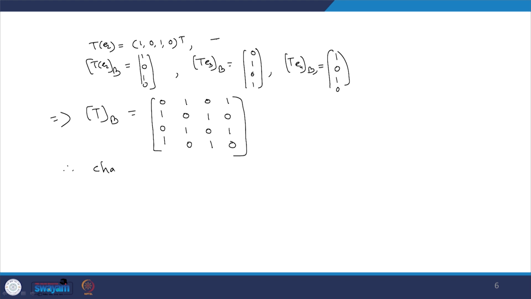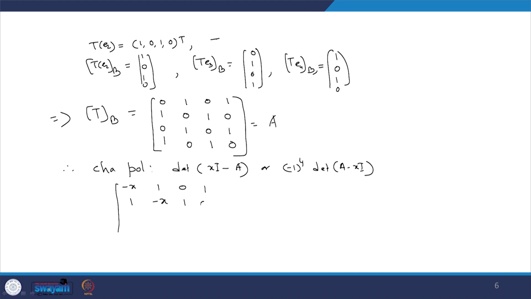So, suppose this matrix is equal to, say, capital A. The characteristic polynomial will be determinant of x I minus A, or minus 1 to the power 4 into determinant of A minus x I. So, if I do it, basically I can say the matrix with rows minus x 1 0 1, 1 minus x 1 0, 0 1 minus x 1, 1 0 1 minus x.